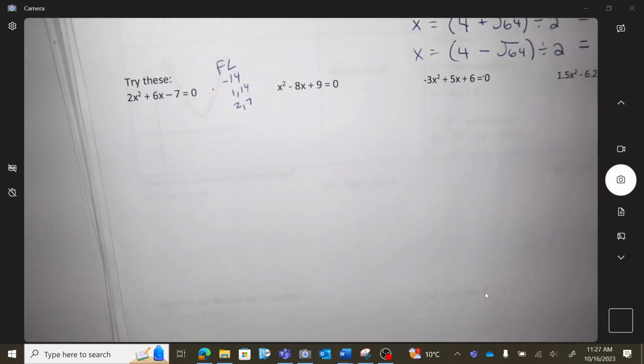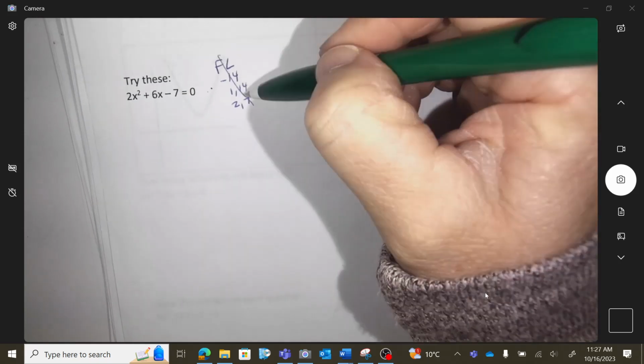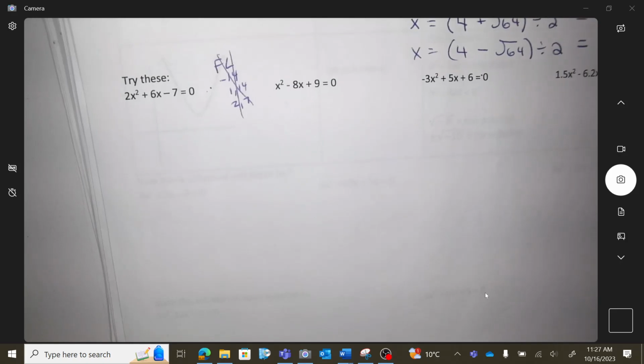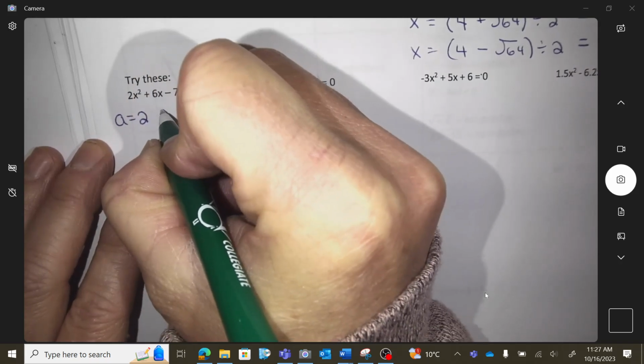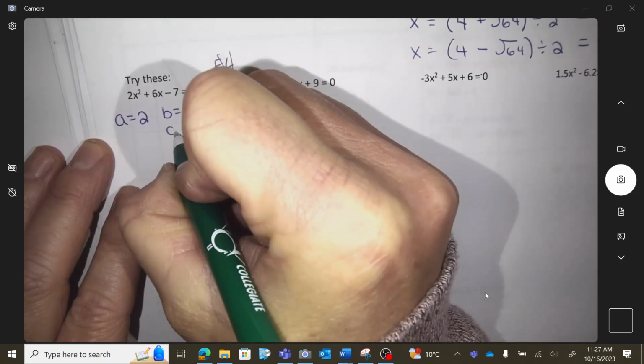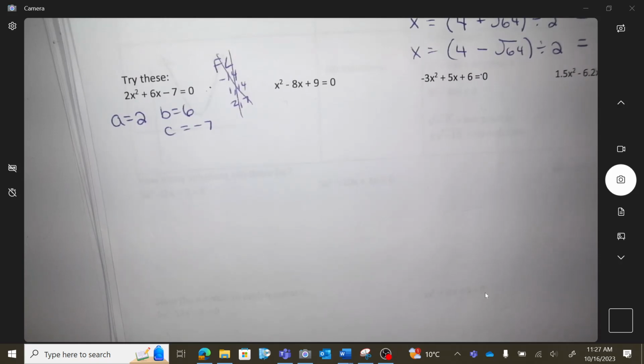There's no combo that can get me 6, right? I know that it doesn't factor then. It doesn't factor because there's nothing that would work. So I have to use the formula. Okay? So we can identify A as 2, B is 6, and C is negative 7.